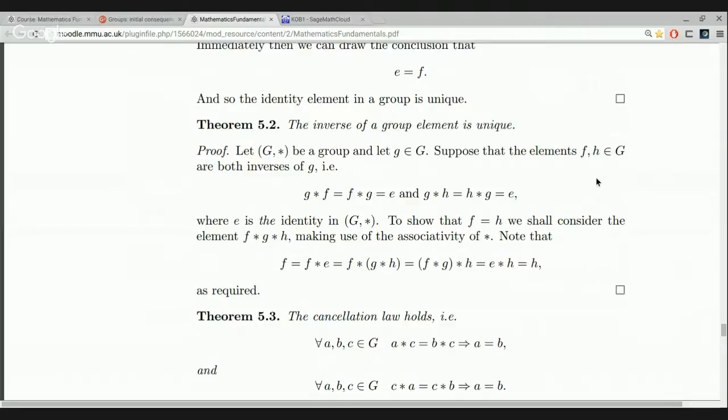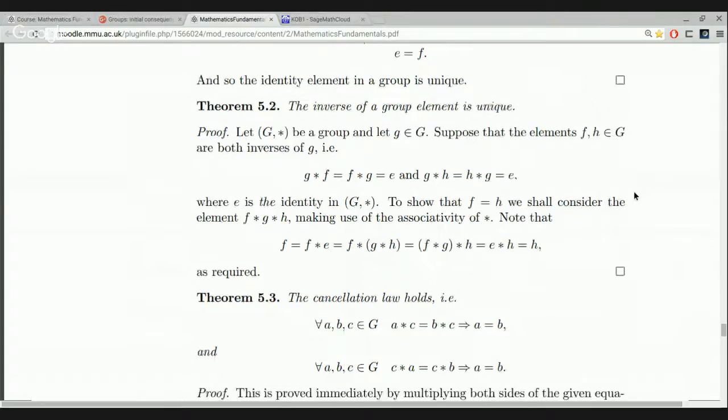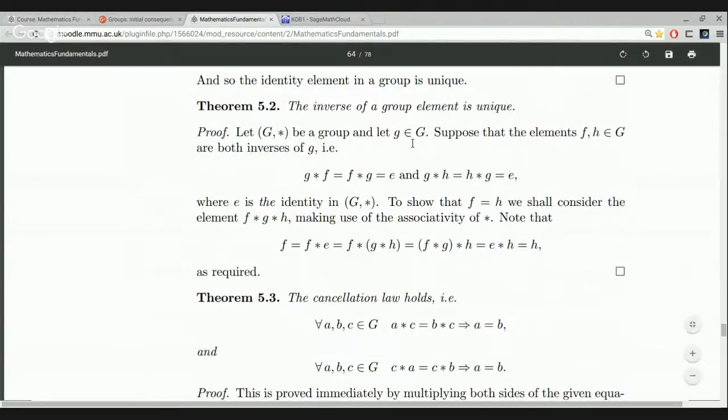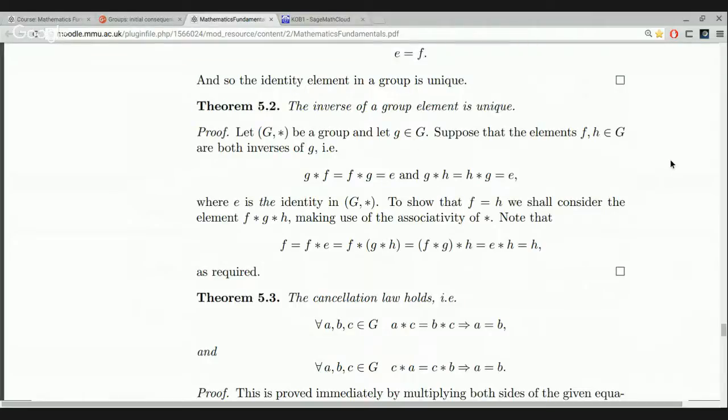F is an inverse for G, and also H is. These are elements in the group. I'm not saying which group it is. It could be any group. This argument is about all groups, anything which is a group. So G is our object element, and F and H are both inverses for G.